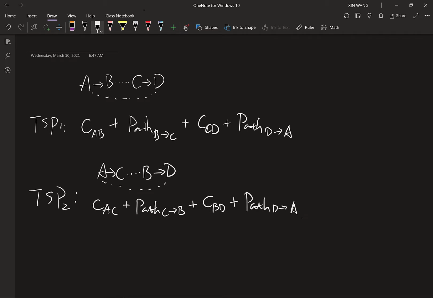Interestingly, we find that when we reverse the path from B to C into C to B, the total distance does not change. And the path from D to A is the same.